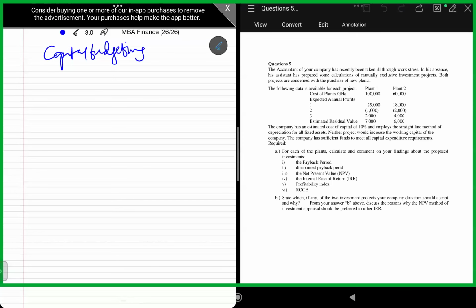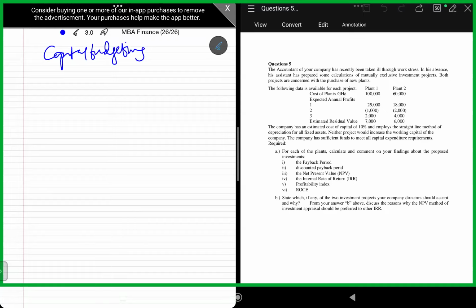Capital budgeting talks about the tools we need as a business to determine which of the investments the business intends investing into will be feasible, more profitable, will cause the business to be a going concern, and generate more income rather than running at losses.